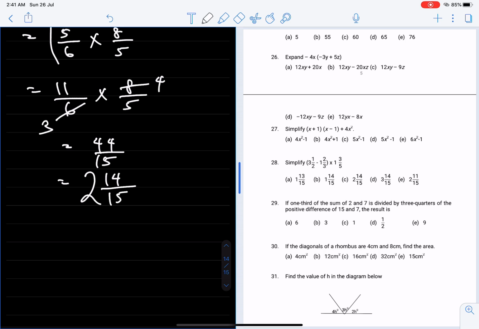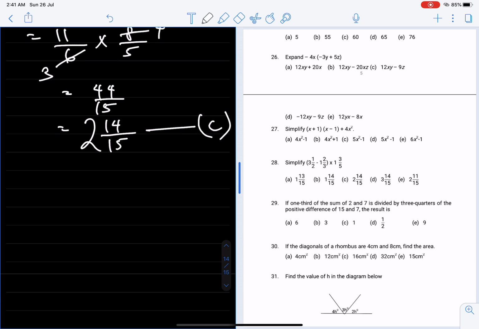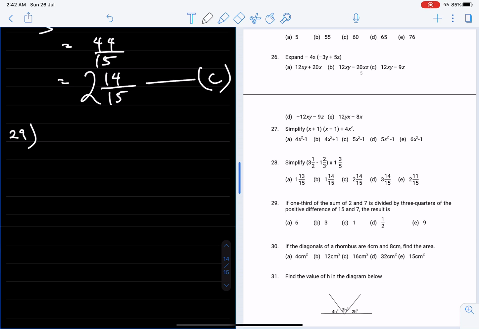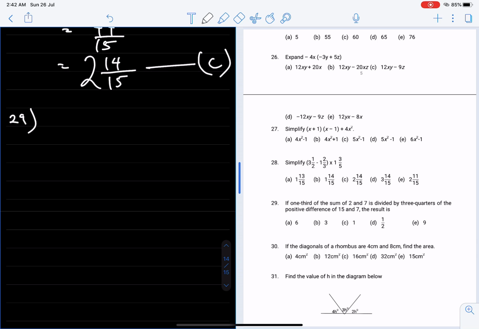Sorry, 2 whole number 14 over 15. And the correct option is C. That's why you really have to be careful and check again whenever you get an answer that doesn't appear in the options given.